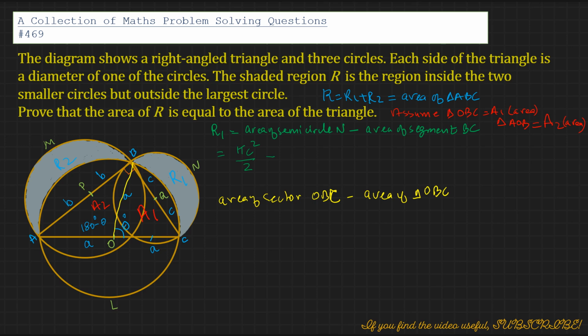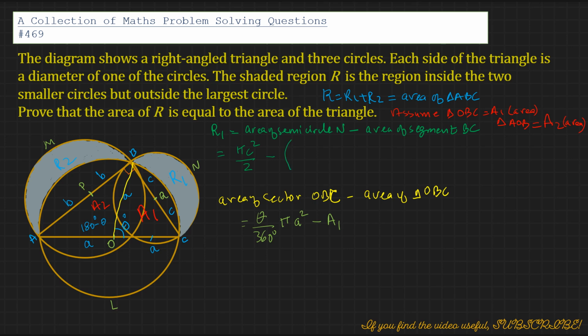complete this so that the area of the sector OBC would be theta out of 360 degrees times pi a square minus A1. So I'm going to write that here.